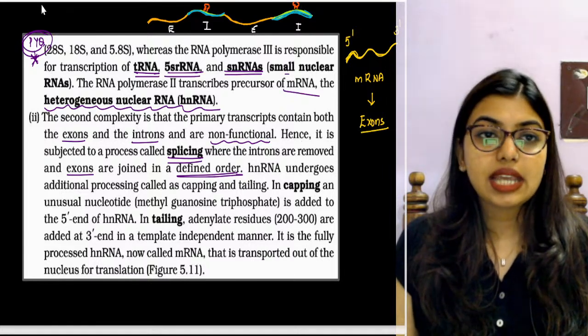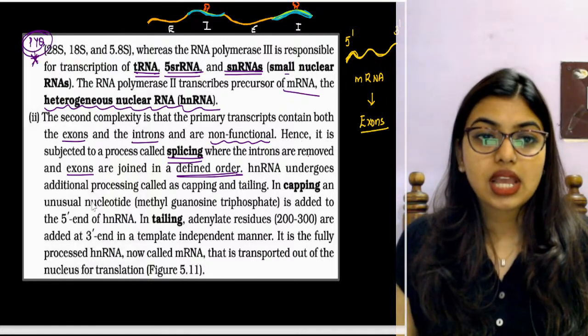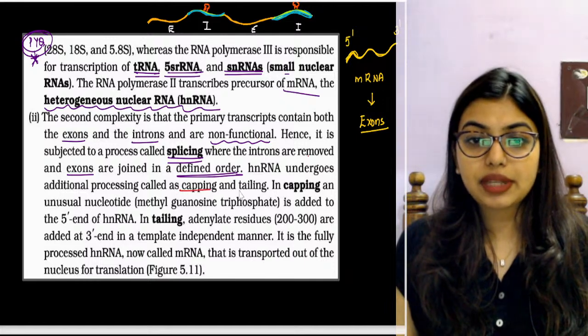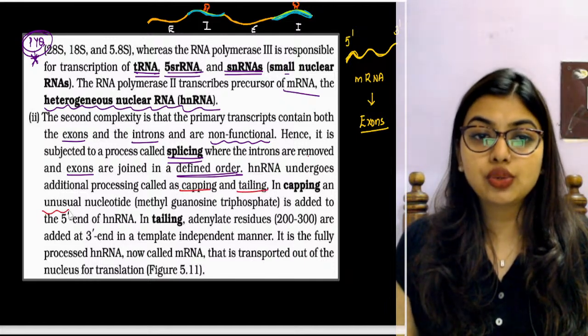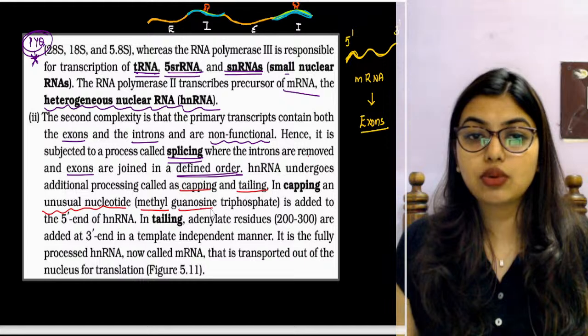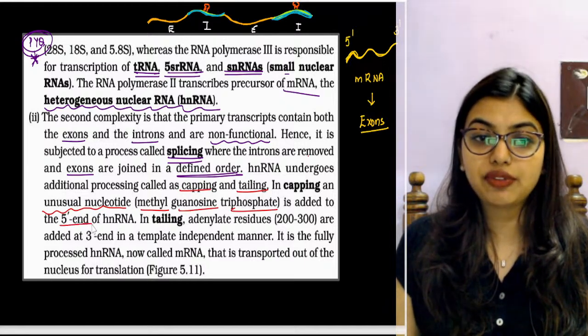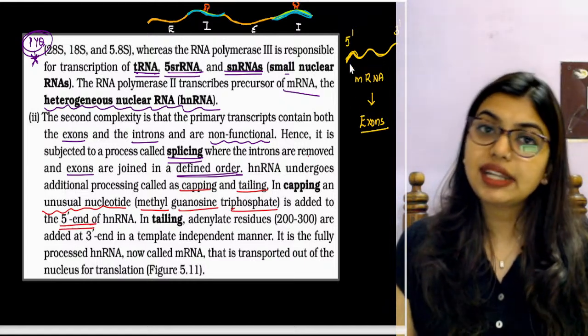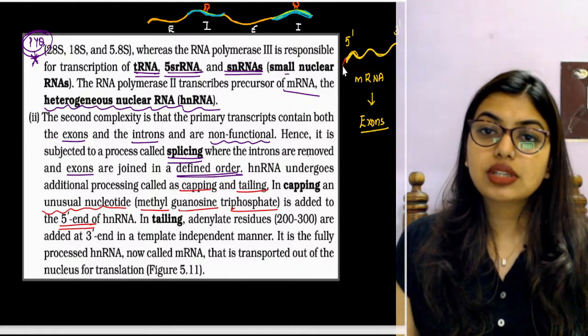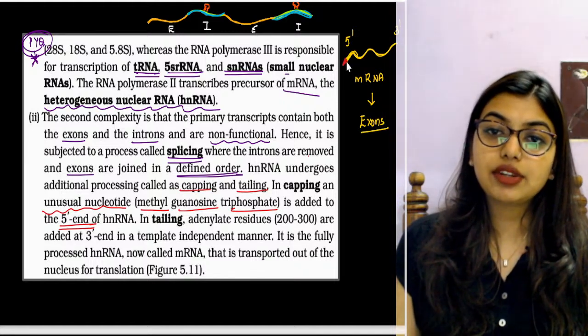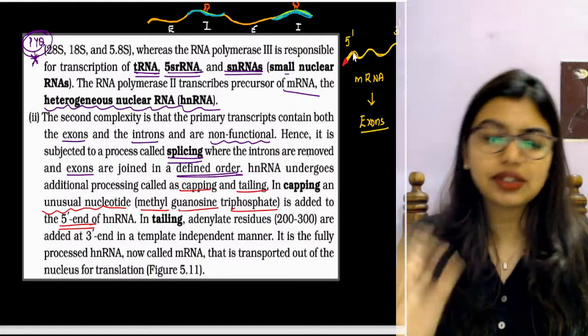See, hnRNA undergoes additional processing called capping and tailing. In capping, an unusual nucleotide called methyl guanosine triphosphate is added to the 5' end of the mRNA. But 5' end is already known, so statements like this telling why we do capping and tailing are a little confusing.